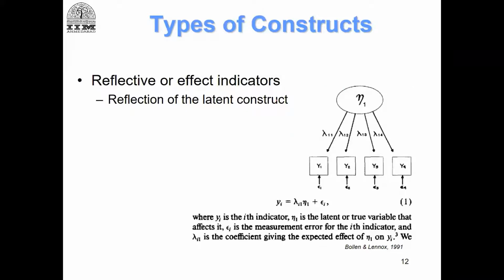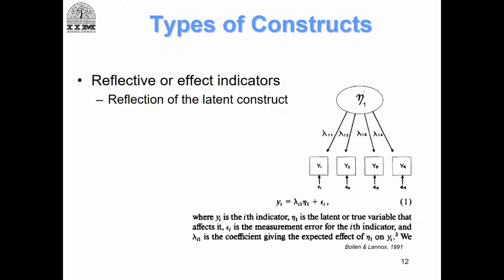Okay, so there are two kinds of constructs. One is what we call the reflective construct, and the indicators are called reflective indicators or effect indicators. Now what does this mean? It means that all these indicators, y1, y2, y3, y4, are a reflection of the latent construct eta here.